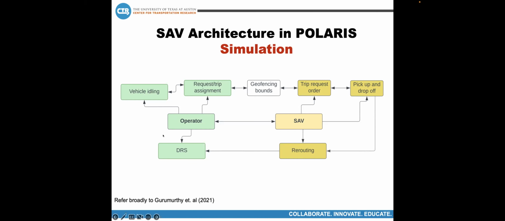The SAV operator basically receives trip requests from traveler agents and assigns the nearest idle vehicle to pick up travelers, and suggests repositioning for vehicles that have been idle for long periods of time. Then the SAV vehicle executes pickup, drop-off, and repositioning tasks depending on the instructions received from the operator. The vehicle will store requests that are being executed and those that need to be executed in the future.